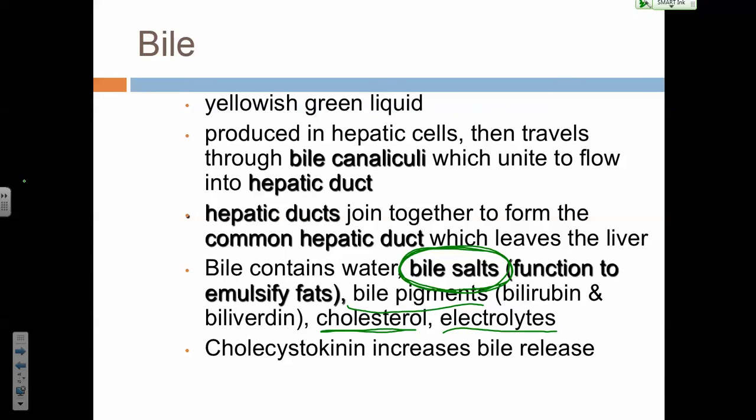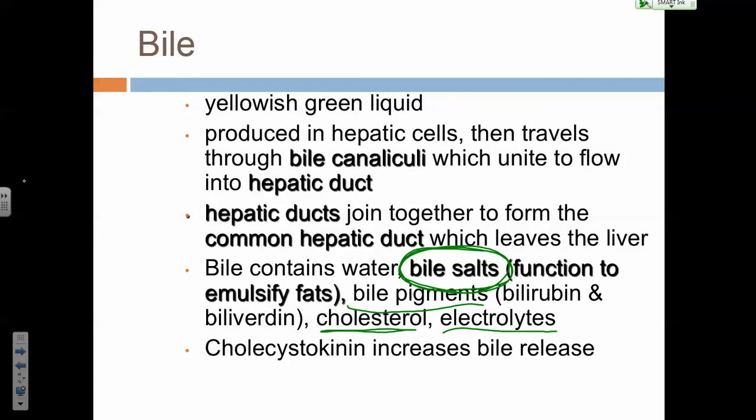So that's the digestive component. Make sure that you know there are no digestive enzymes in bile. All of the other juices that we talk about in the digestive tract contain some enzymes, but this one does not.